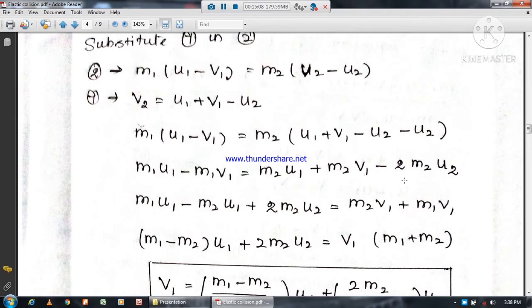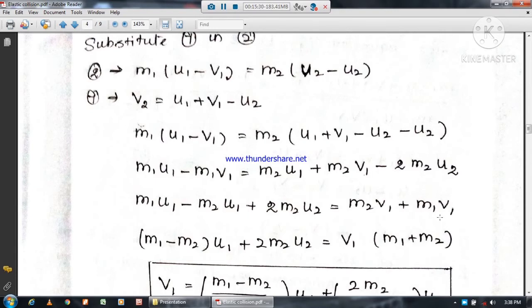So minus m2 u1 and here 2 m2 u2. So you take this into left hand side, so it becomes positive. So plus 2 m2 u2 is equal to here m2 v1 and this m1 v1. You take this to right hand side, so it becomes positive.